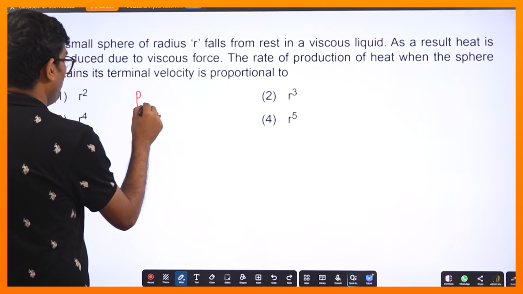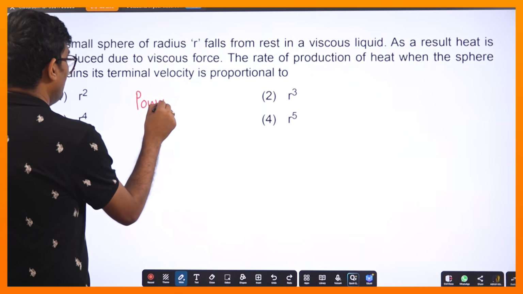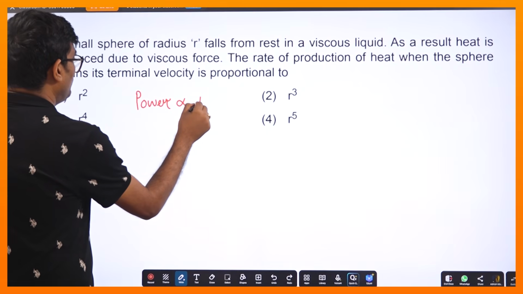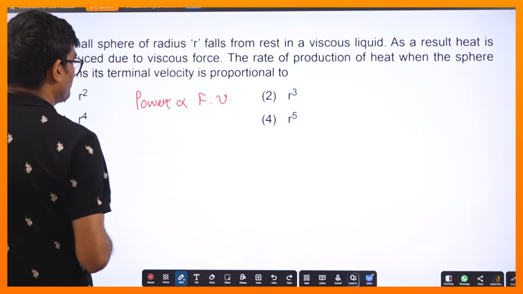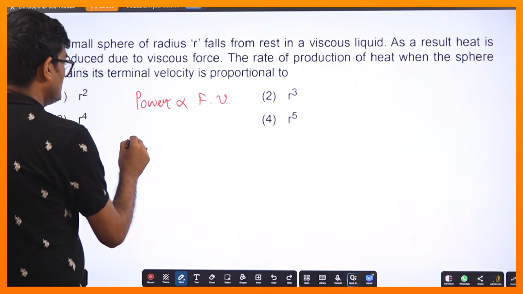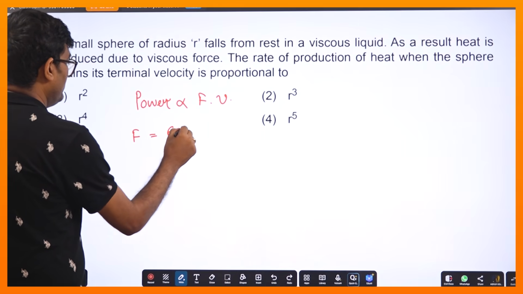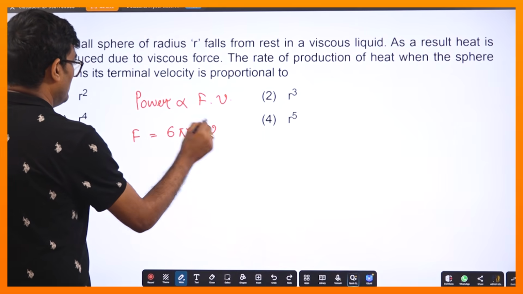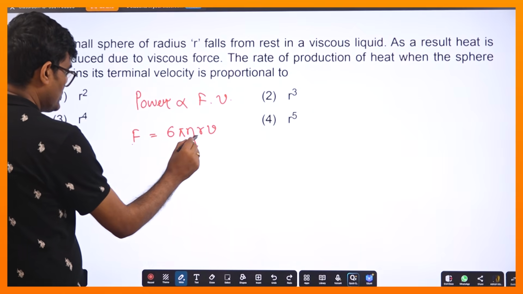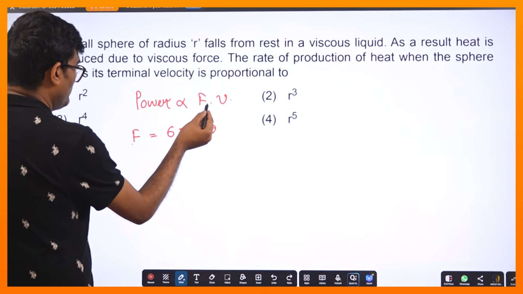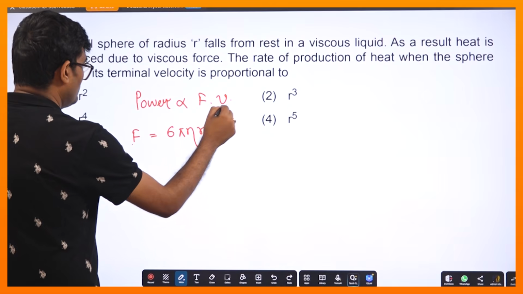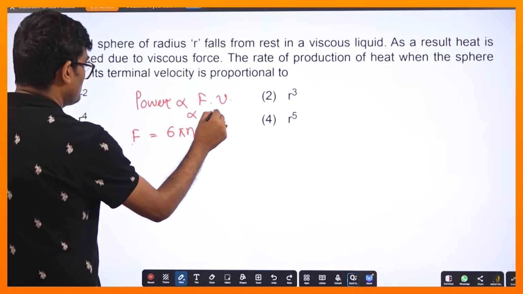Power is proportional to force into velocity. Now the force, I know that viscous force equals 6 pi eta RV, so the force is proportional to R into V. So the power is proportional to R into V square.